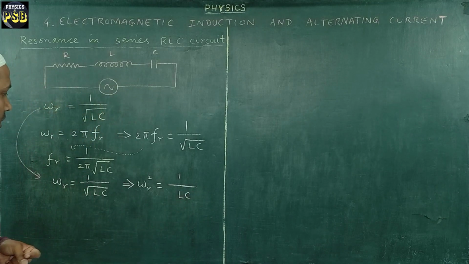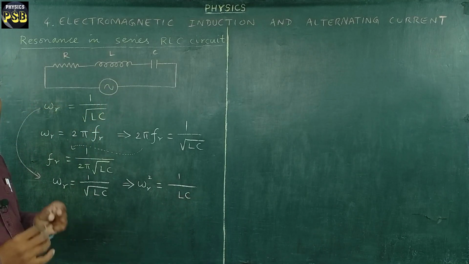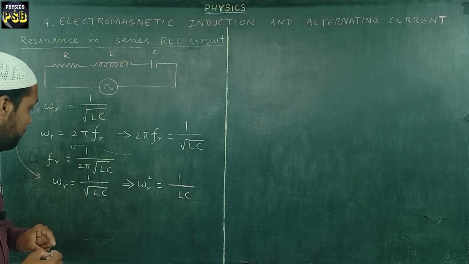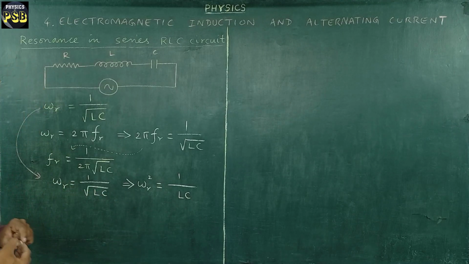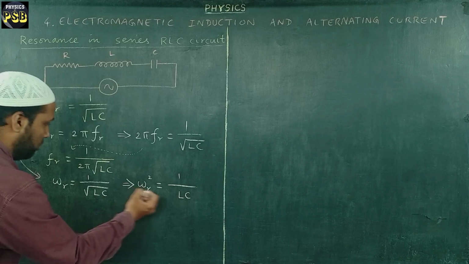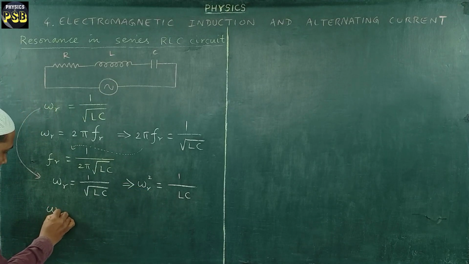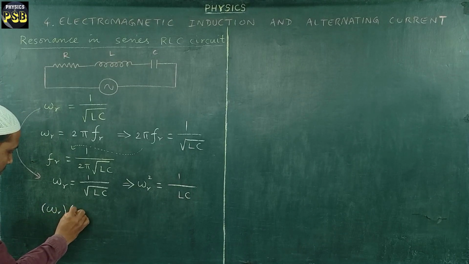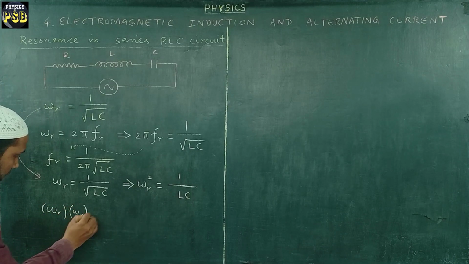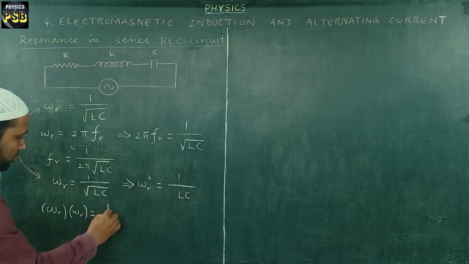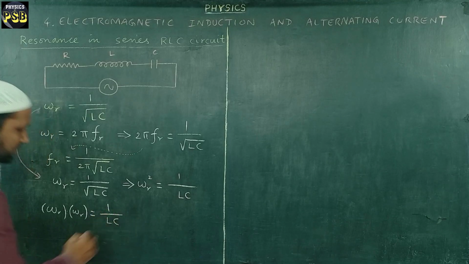Correct? Now, I'm going to make certain changes to this. Look at this carefully. Now, here instead of omega R square, I write omega R multiplied with omega R, and it will be equal to 1 upon LC.